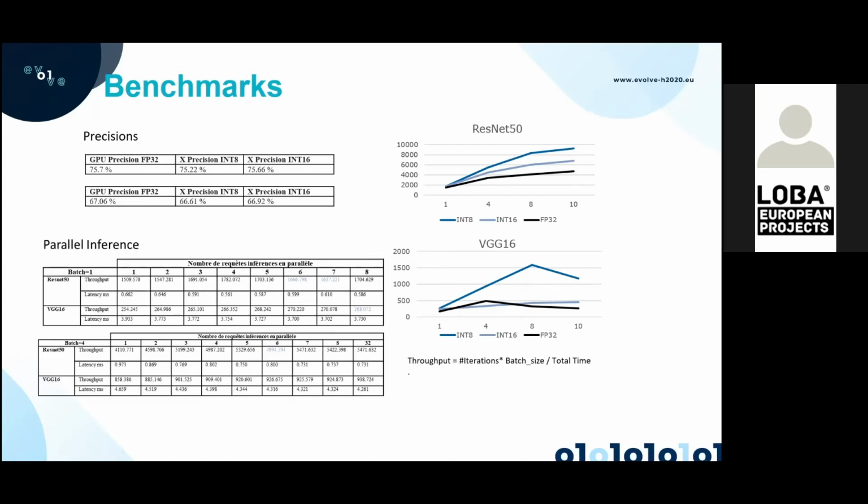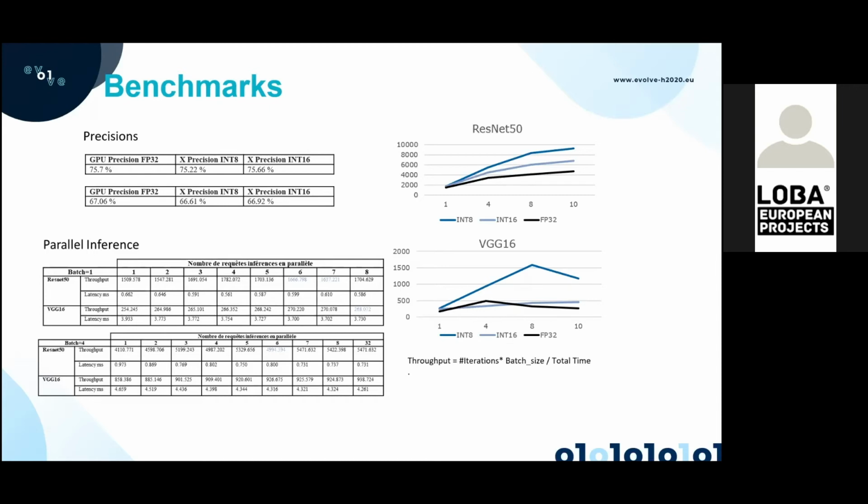For example, for VGG16 and ResNet50, you can see that the curve which represents the throughput using different precisions, varying from int8, int16 to FP32, is quite different. The shape of the curve is obtained using some hardware accelerators. I won't name which one because we are under NDA, so we cannot give the name of the accelerators.